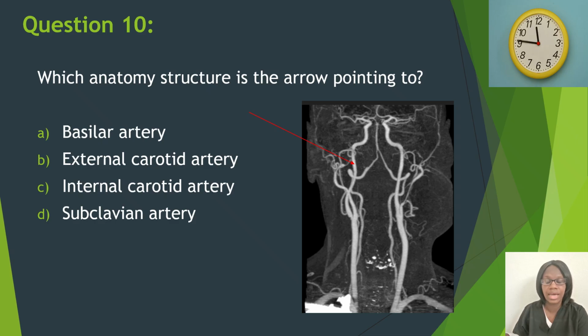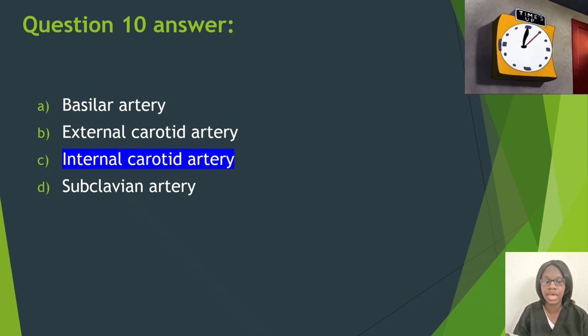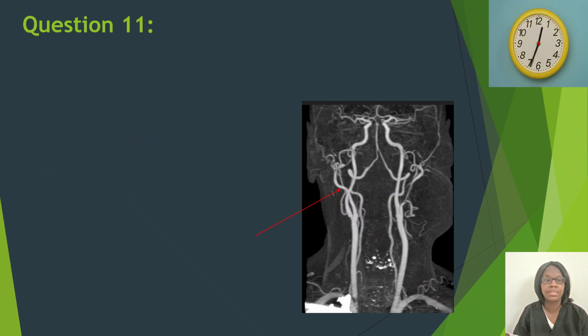All right, the correct answer is C. Internal carotid artery. And also just make sure that you know, if it's very particular on your exam, which one is your right side versus which one is your left side.